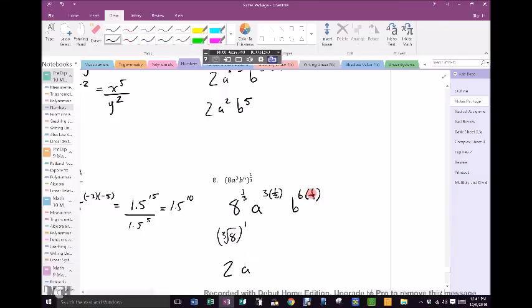No. What's 6 times 1/3? 6/3, which is 2. So it's b squared. Done. Good? Please notice that nothing new is happening. It's the same laws you've always had. Now we're just dealing with fractions and negatives.